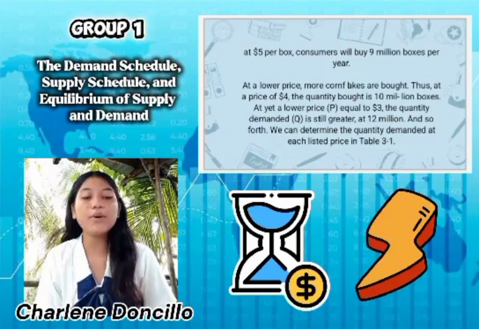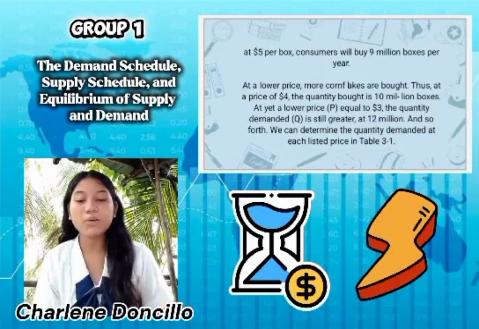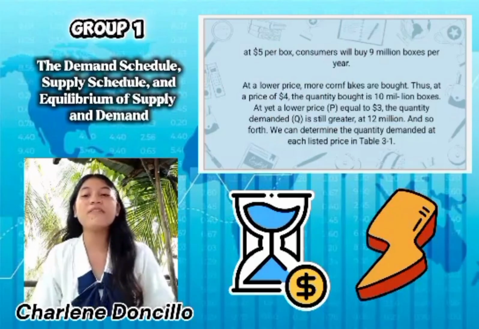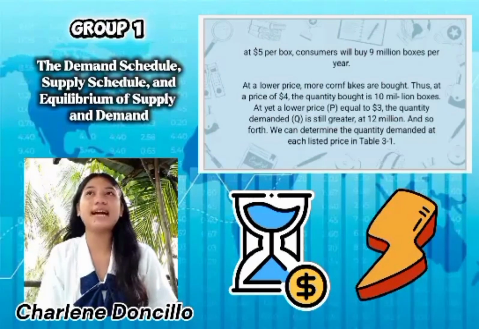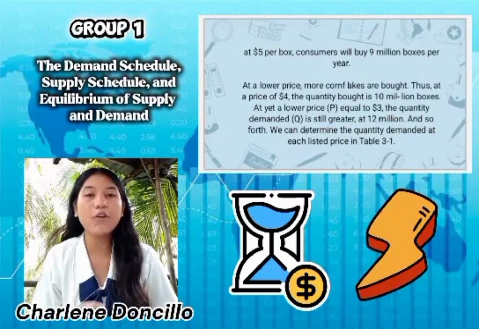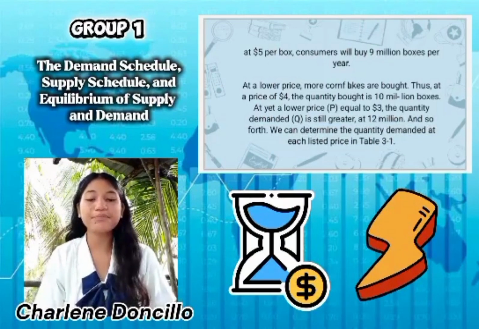At yet a lower price equal to $3, the quantity demanded is still greater, at 12 million. So if the price of cornflakes is $3 per box, the quantity demanded is 12 million boxes per year.